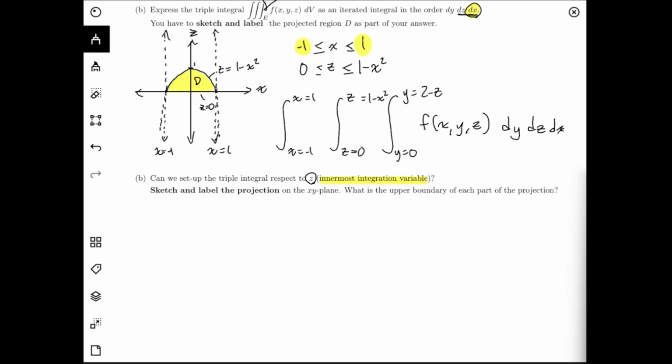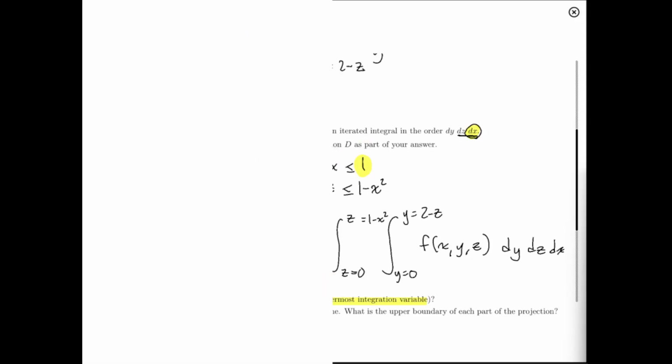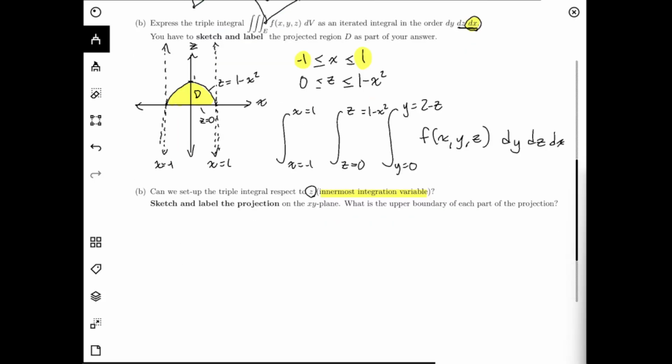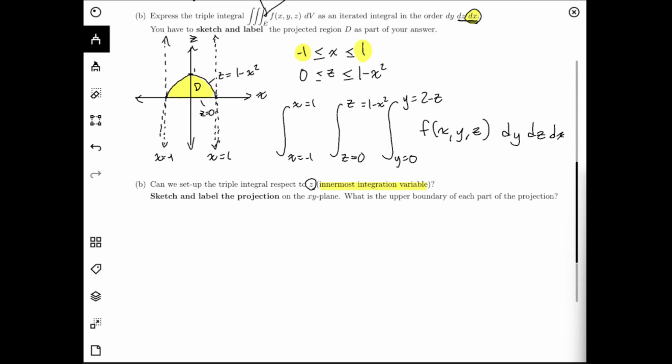Now, if we look back up here, our innermost integration was y. And y was not present in our projection. So we know our projection of any triple integral is always going to be the other two outer ones, not the inner one.